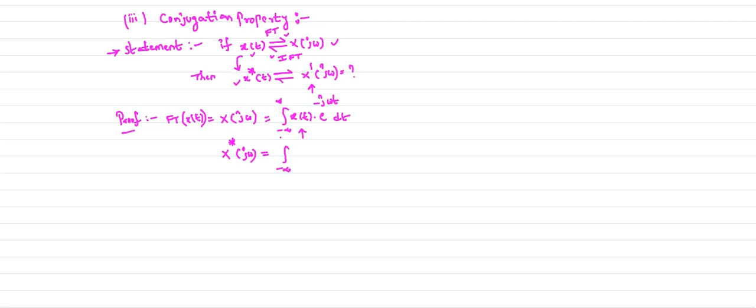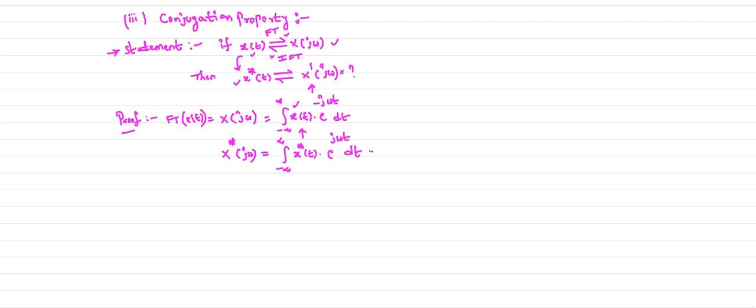So just conjugate on both sides of the above equation. So we will get an integral minus infinity to plus infinity, so this is your x conjugate of t. Now e power minus j omega t conjugate is what? So e power j omega t dt. Now what is the standard formula? In the standard formula, here we have the signal x of t.